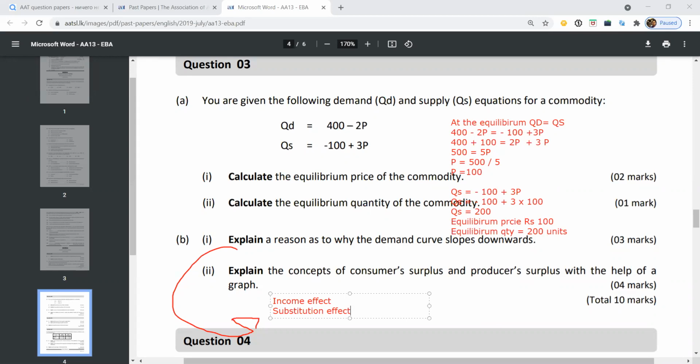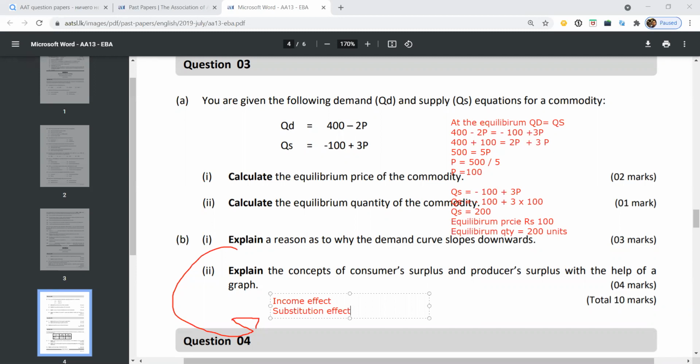Also, when the price of the good decreases, it becomes cheaper relative to other substitutes in the market, and therefore many consumers are attracted, and quantity demand increases. That's how we explain these two effects for 3 marks.